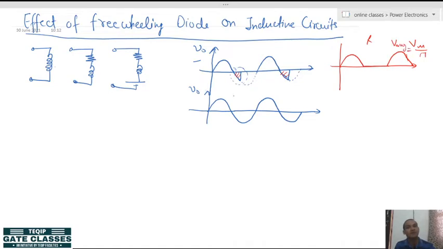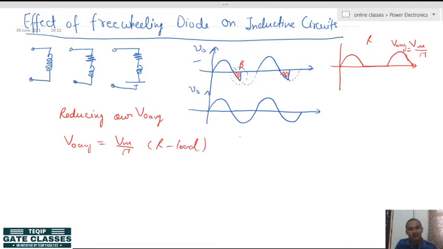But here you are getting some negative value of voltage, which reduces our output average voltage. For R load, V naught average was Vm by pi, and for RL or RLE type load, if this point is beta, the average value was Vm upon 2 pi times 1 plus cos beta... that is, Vm upon pi 1 minus Vm upon 2 pi 1 minus cos beta.